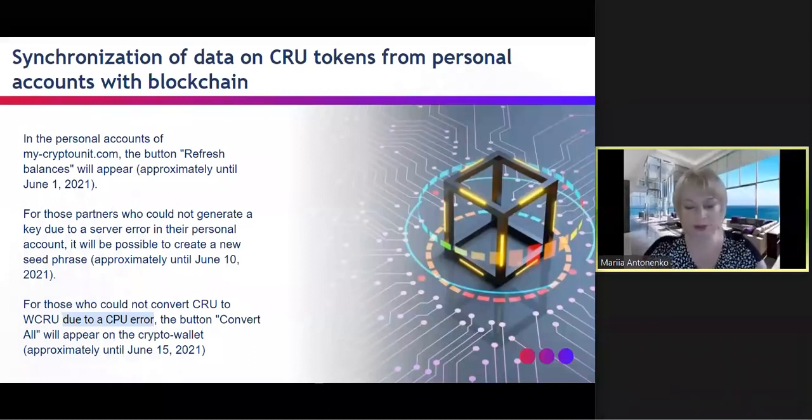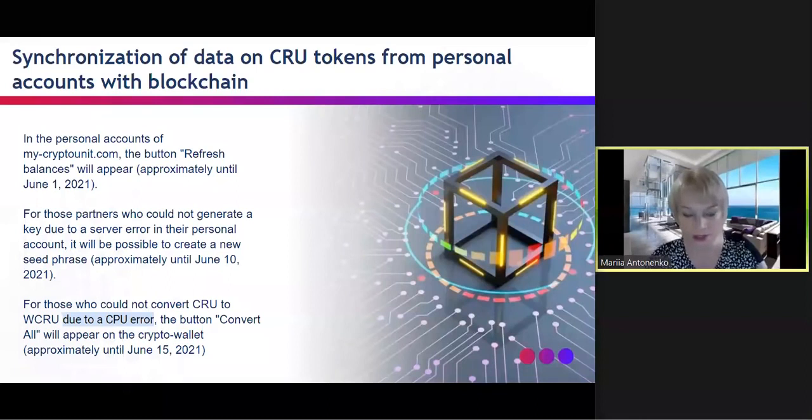And our programmers are looking into that problem. And this is kind of a floating problem, you know, it comes and goes, and some partners are okay, they converted everything problem-free, and only partners who wanted to convert their CRUs on the 8th of April, when it first became available, they still might be experiencing problems.